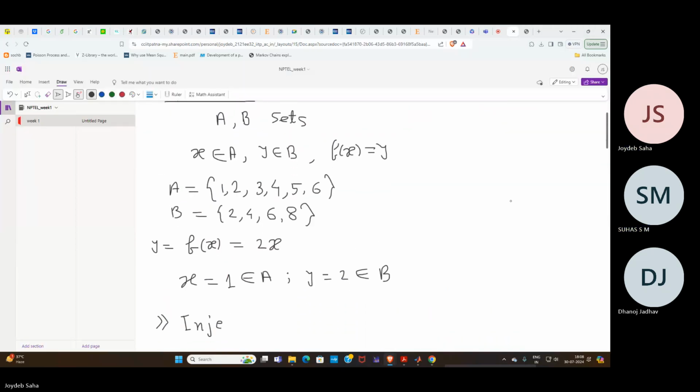So here the function is from A to B, right? So F will not be a function because 5 is not related to anything, right?